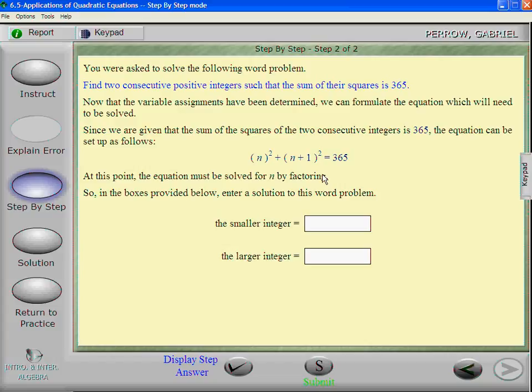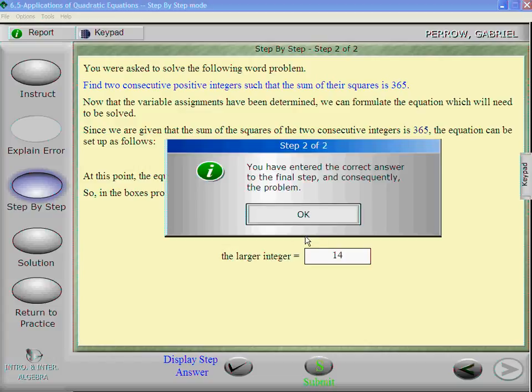Alright, so with the solutions that we'll get from that, either negative 14 or positive 13, and we're looking for two consecutive positive integers. So we're going to take the 13 and one more than that, the 14. And that should be it.